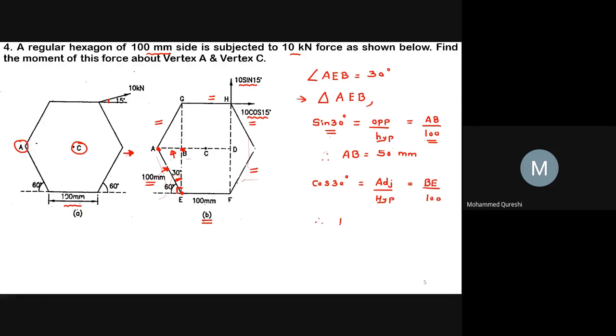So we may simply write that BE equals cos 30 degree into 100. So we will get 86.6 mm. Here BE is 86.6 mm. Hence we may simply say that this BG will be equals to 86.6 mm.